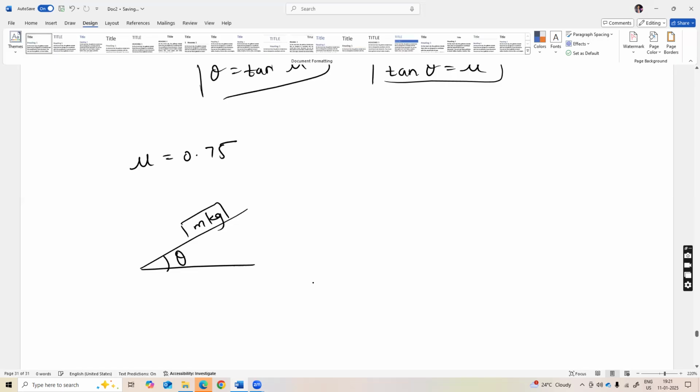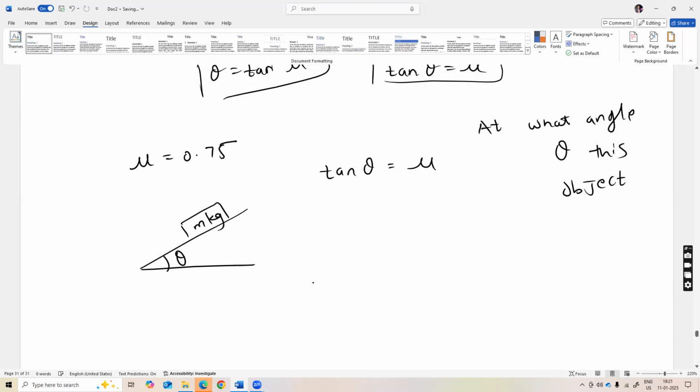We have seen that tan theta is basically mu. They have asked at what angle theta this object will start sliding. So this is basically the angle of repose, the definition of the angle of repose. So we have to find that out.